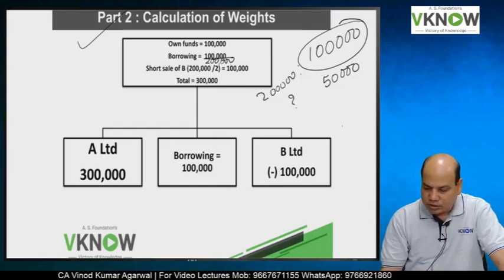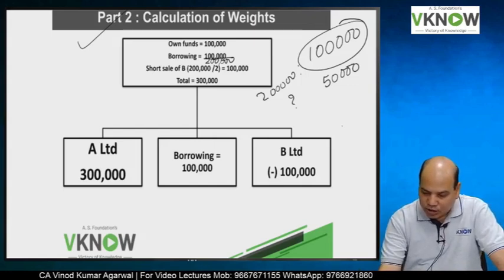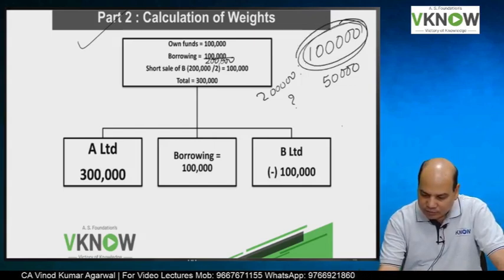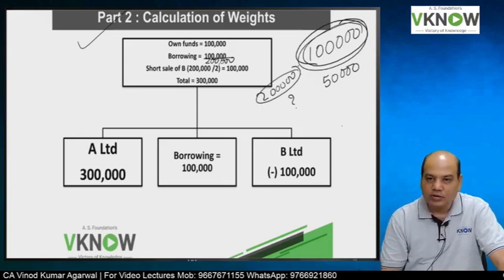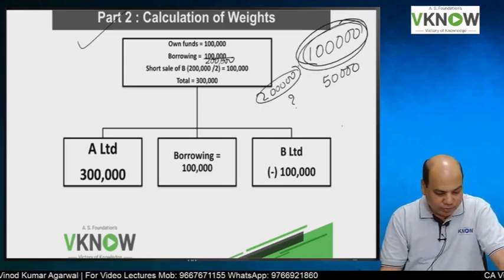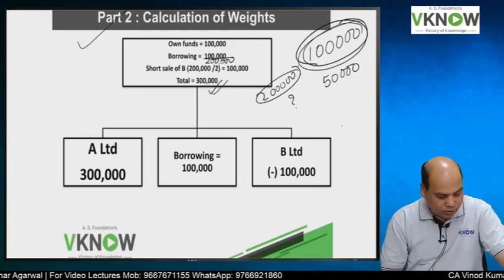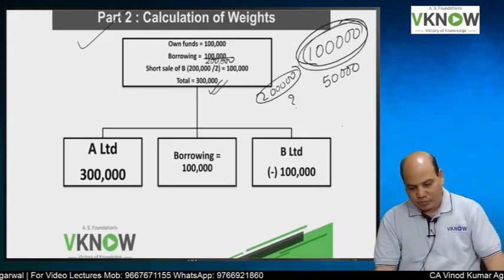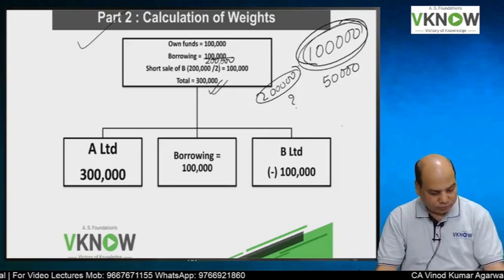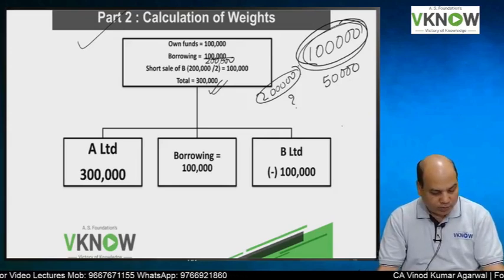So 1 lakh rupees is this 2 lakh divided by 2, because half of the funds available is the short selling in security B. So now the total funds available after short selling is 3 lakh.